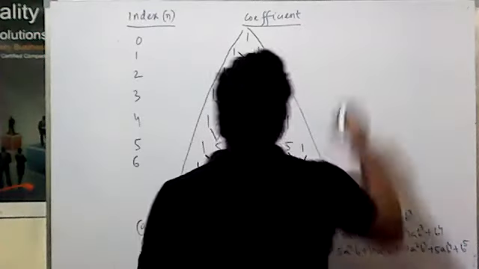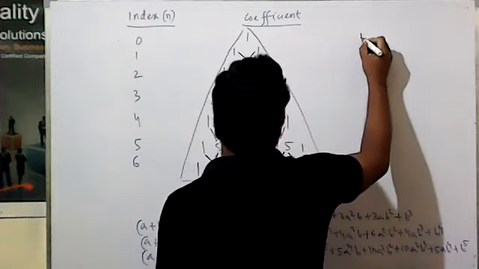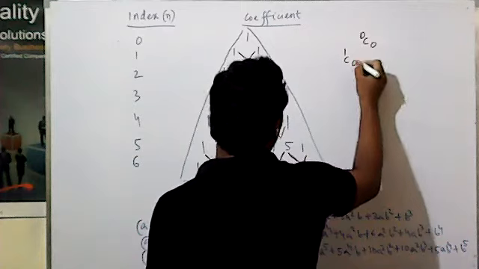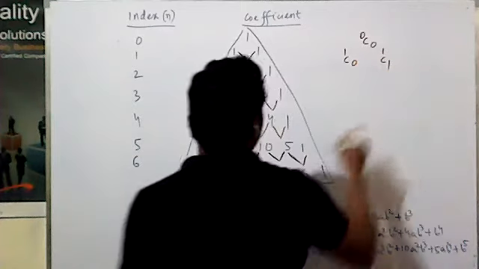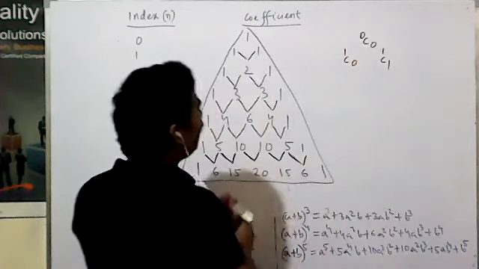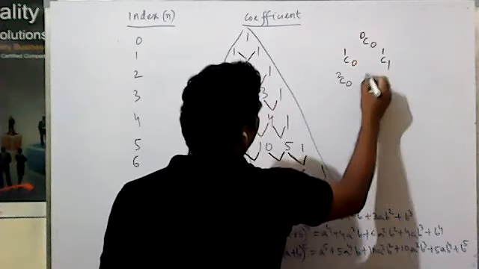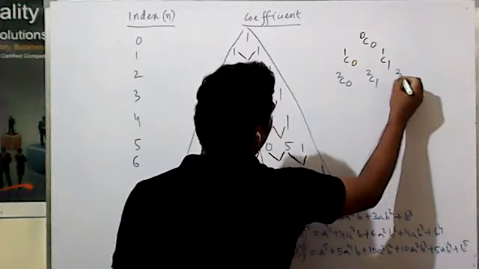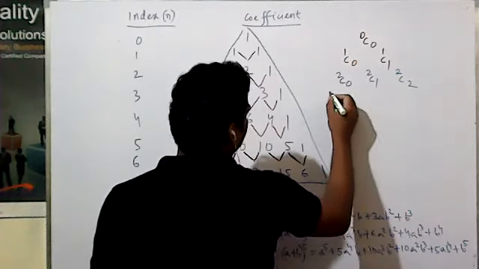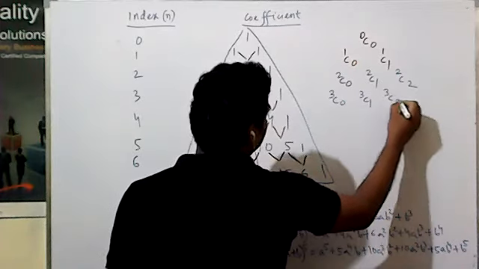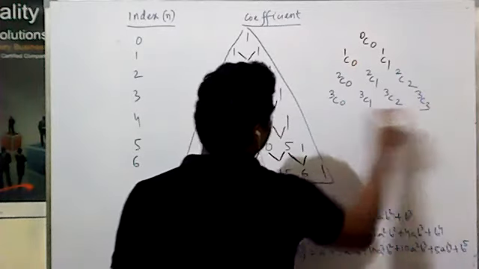Here, the first is 0C0. Then 1C0, 1C1. Then similarly 2C0, 2C1, 2C2. Similarly 3C0, 3C1, 3C2, 3C3.